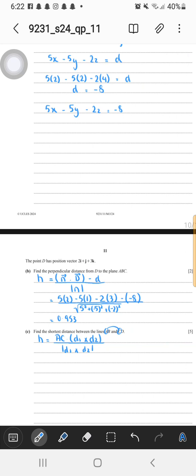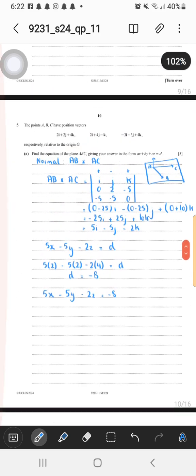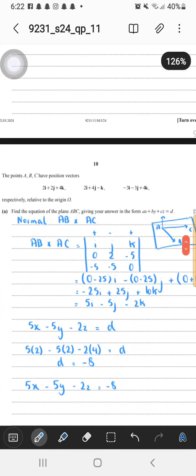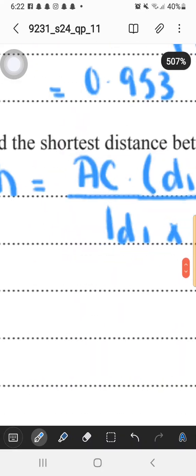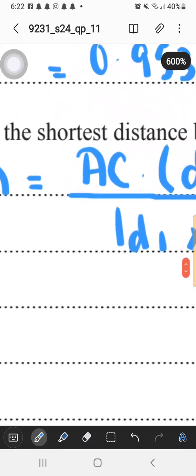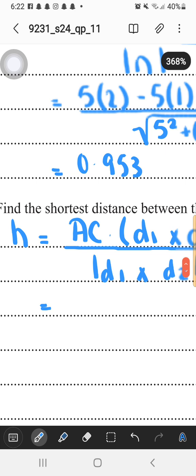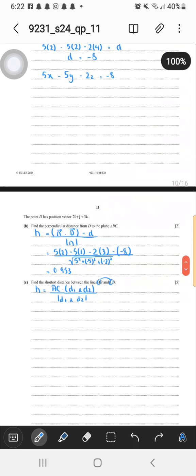So moving ahead, we don't know AC, so we can find AC. Sorry, we had to find AC in the first part. So AC is -5, -5, 0. Okay, so now we have to work on D1 cross D2. We don't have D1 cross D2, and how will we find D1 cross D2?